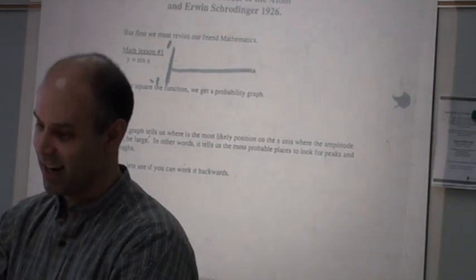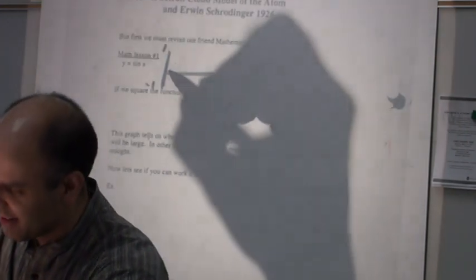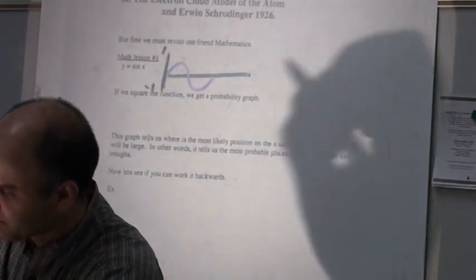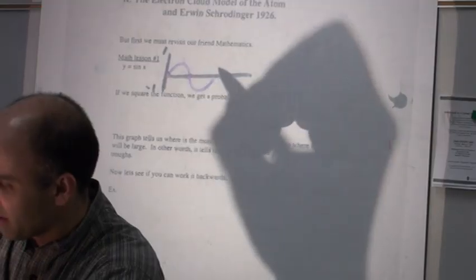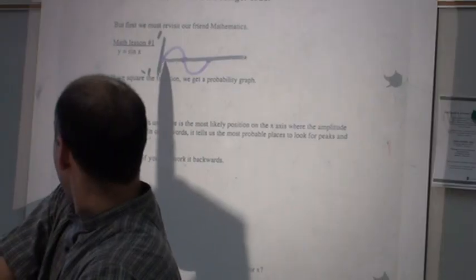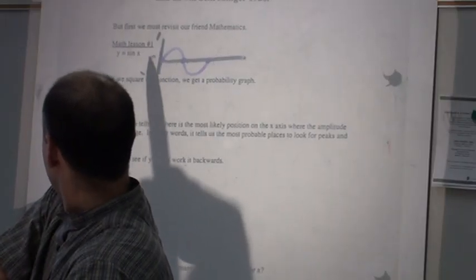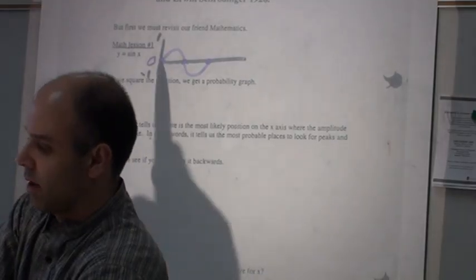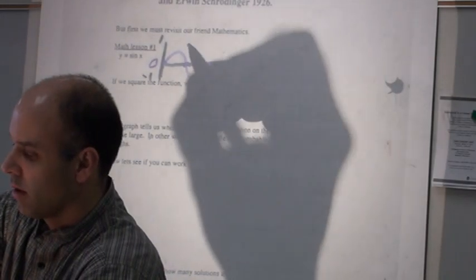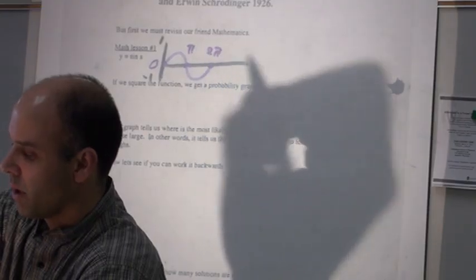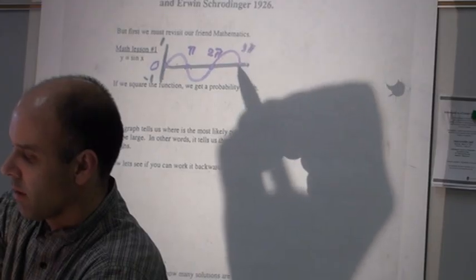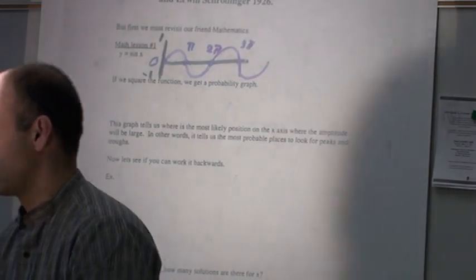Sine wave starts at 0. Now it'll make it a little bit easier for you. Where does the sine wave equal 0? At 0, pi, 2 pi, right? And then it goes on, 3 pi. Is that a vague recollection for you guys?